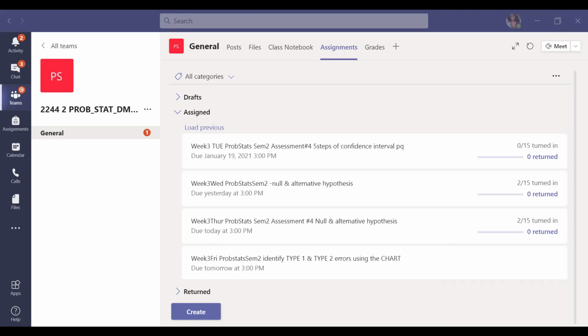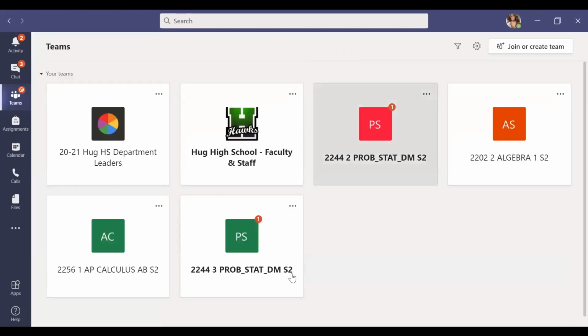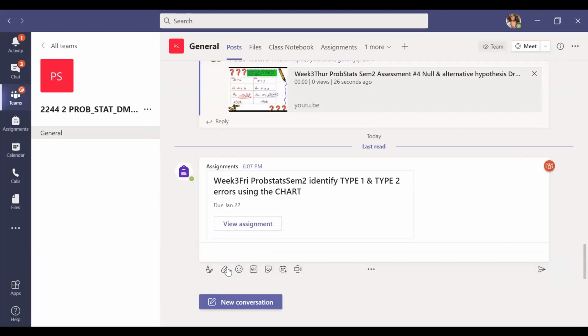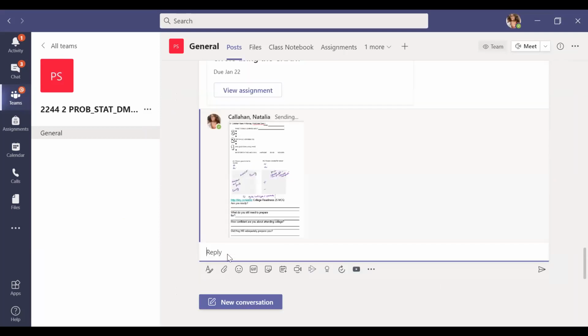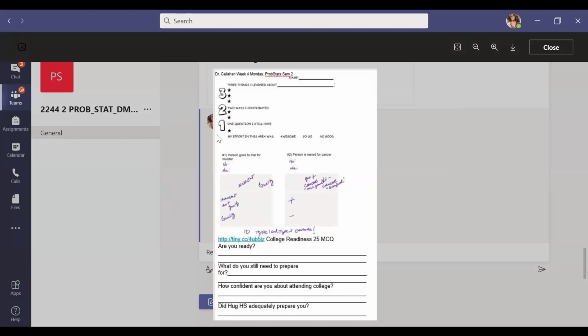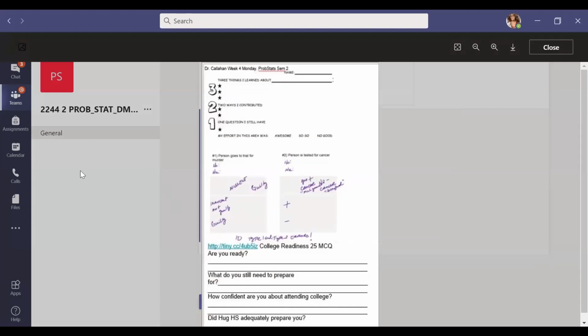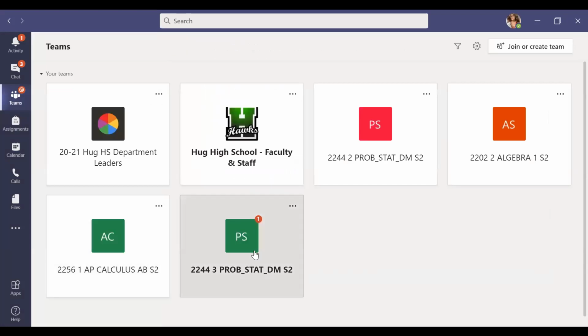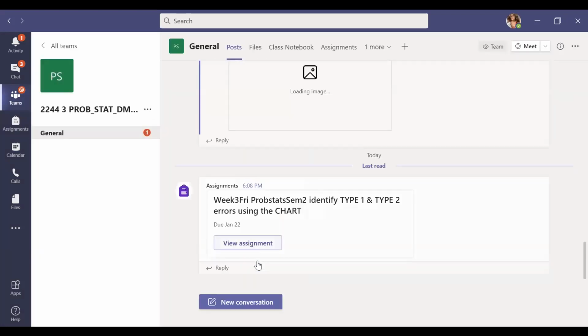So let's go back over here to MS Teams, so that way I can go ahead and attach it here. If you go ahead and click on it, you should be able to see this. There we go. And then I'm also going to post this on the other Problem Stats class, so all of you have it.